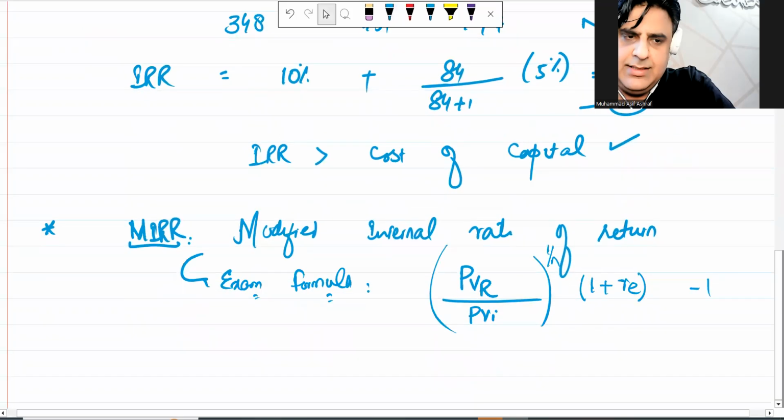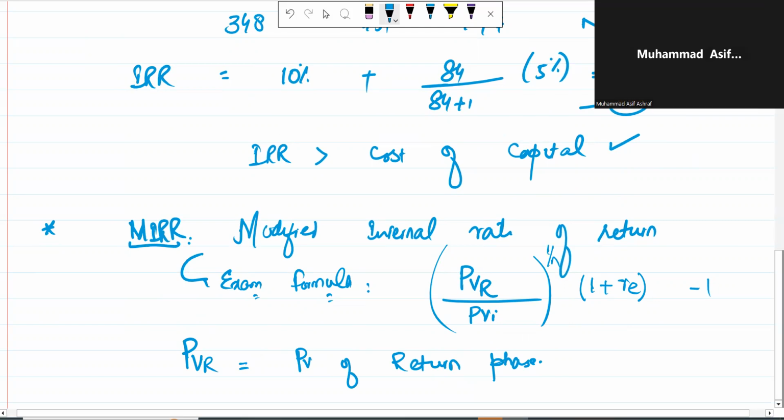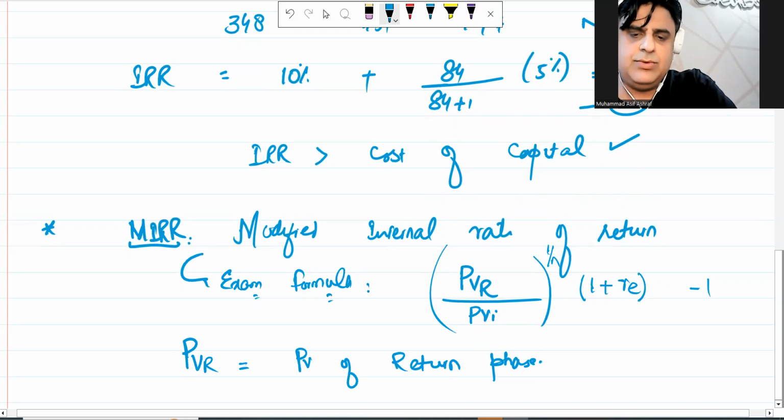So what is PVR? PVR is the present value of return phase. What is the return phase? Return phase means the period from where you are getting the returns. Let's say you invested in year 0 and you are getting the returns from years 1, 2, 3.